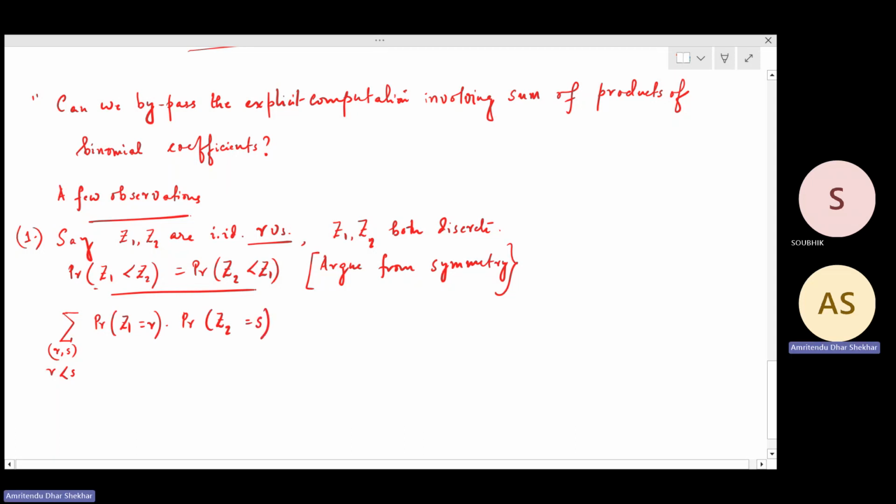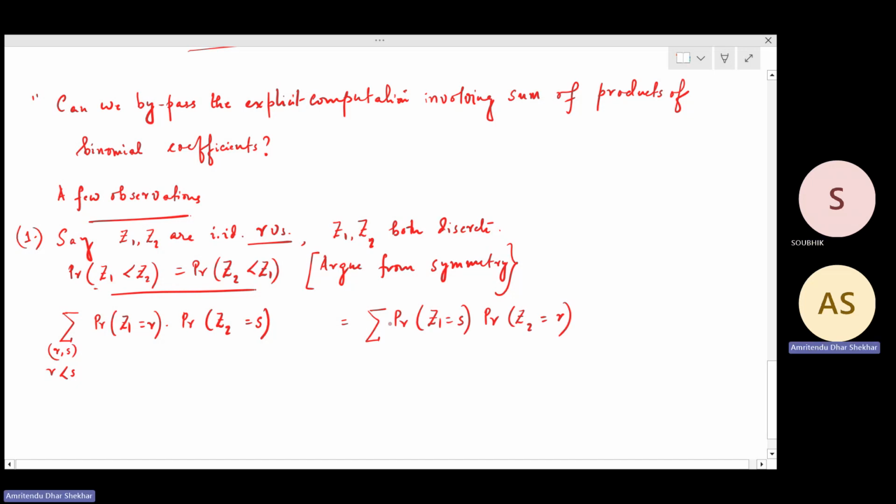Now, what you can do is flip them. So you can write this as equal to the sum of probability of Z1 equals s times probability of Z2 equals r.